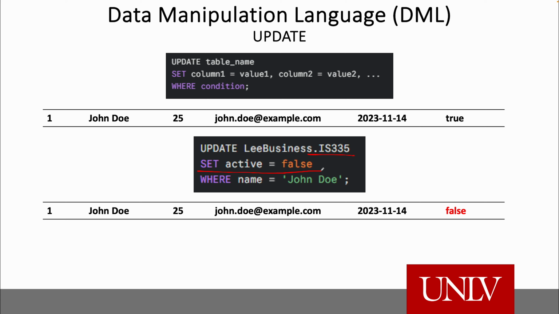And set active equals false sets the value of the active column to false. So this means that the record will be marked as inactive. And then the where name equals John Doe condition ensures that the update is only applied to the row where the name column matches John Doe.